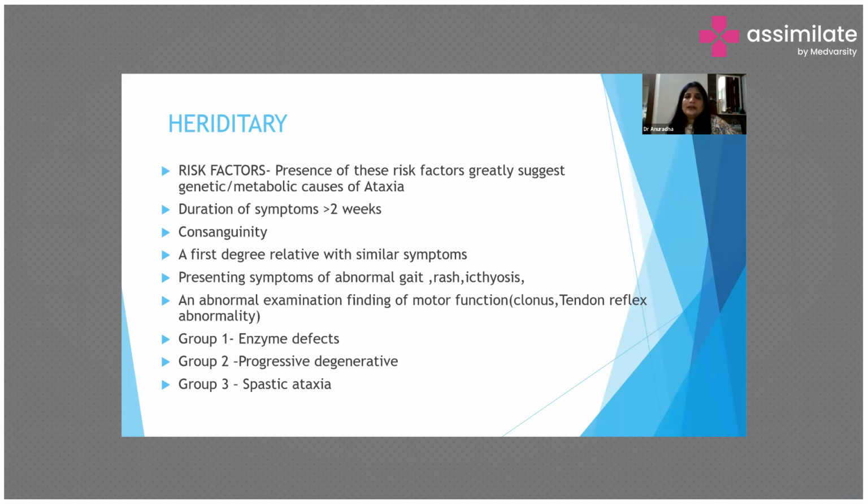So what are the hereditary types of ataxia which are seen in families? The presence of these ataxia risk factors generally suggests genetic or metabolic causes, like duration of symptoms more than 2 weeks, consanguinity, because autosomal recessive disorders appear more frequently due to consanguineous marriages, first degree relatives with similar symptoms, presenting feature of the gait, rashes, ichthyosis, and abnormal examination of the motor system like the DTR, clonus.